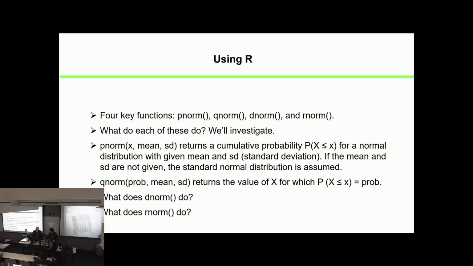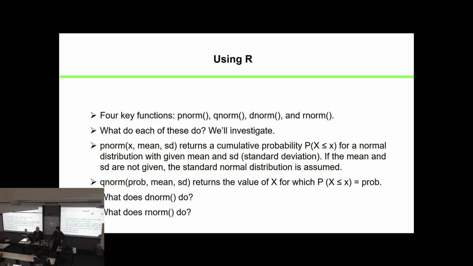It's a miracle. Okay. So this is up in your pre-post, so don't bother writing this out. And I will be putting up slides after this where I replace the pre-post with a couple extra things, one small correction. So using R, there are 4 key functions here.